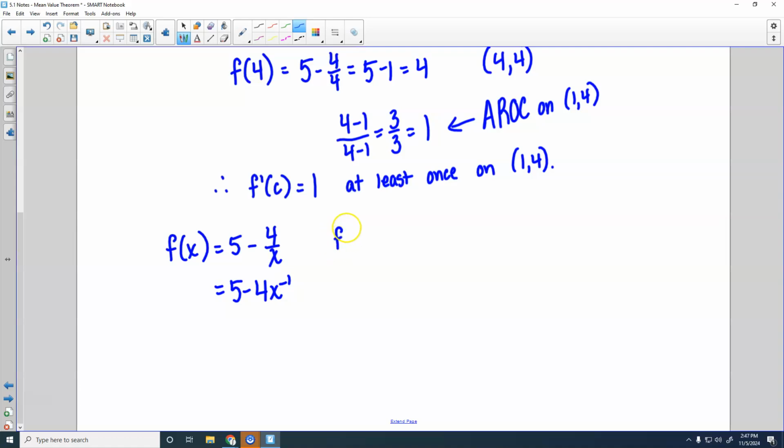So f prime of x. Xander, what will we get when we take the derivative of that? What's the derivative of 5? It will just be 0.